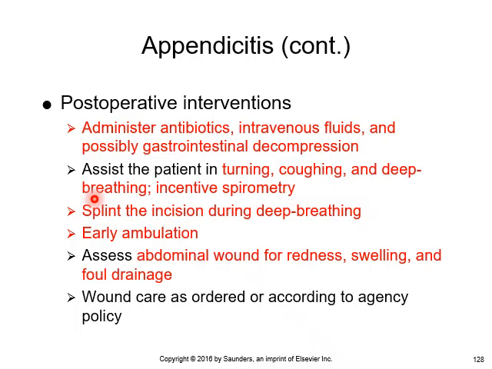When we're doing this, of course there is a surgical wound there, there's an incision, and the patient may refuse to do it because they are scared of the pain, or the incision may open. What we would do is we would splint the incision during the deep breathing exercises.